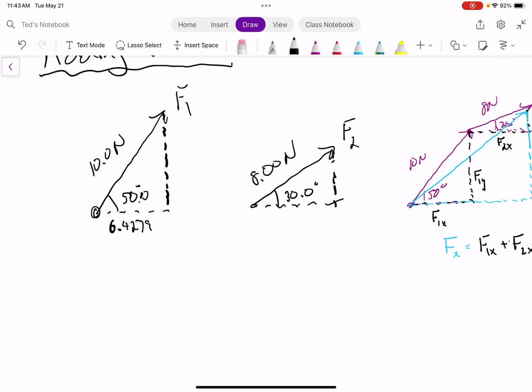Notice I'm keeping a few extra significant digits in the middle of the problem, and we'll round off to the correct number of digits when we're done. And then to find the height of the triangle, it's 10 times the sine of 50 degrees, and that gives me 7.6604.